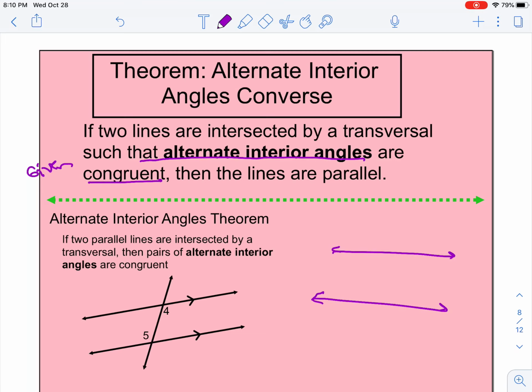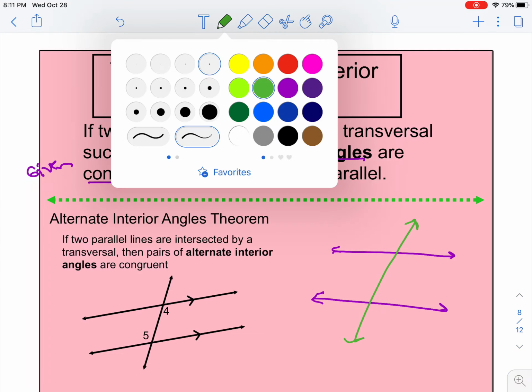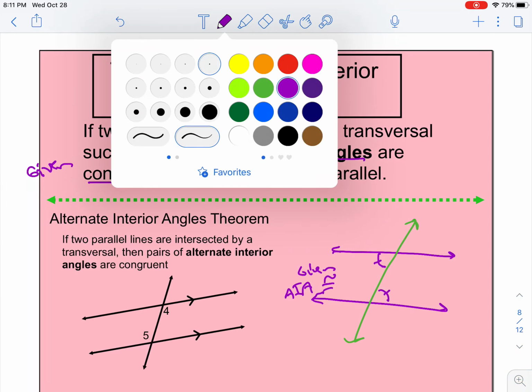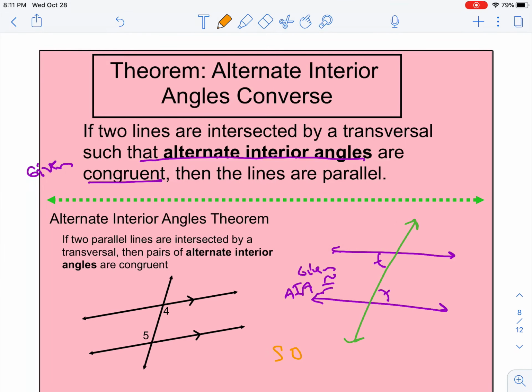So again, what we're given is these two lines intersected by this transversal, and that the alternate interior angles are congruent.